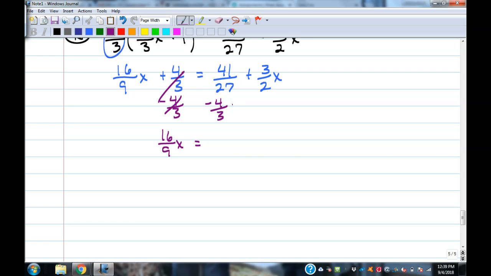So 4/3, to turn that into something over 27, I multiply by 9 on top and bottom, so I end up with 36 over 27. 41 minus 36 is 5. So that's 5 over 27, excuse me, plus 3 over 2x.